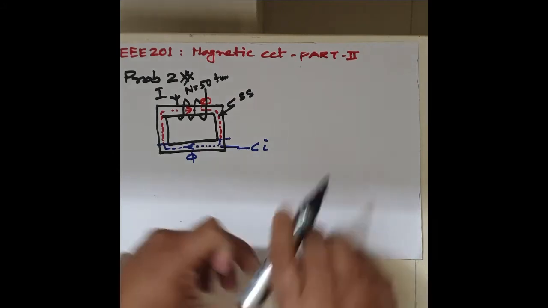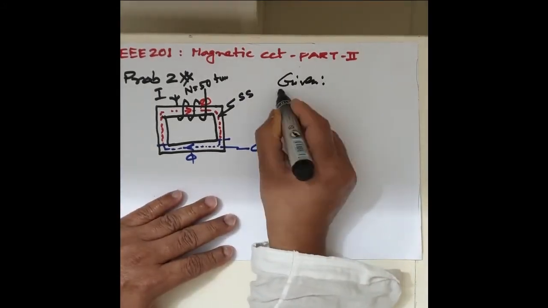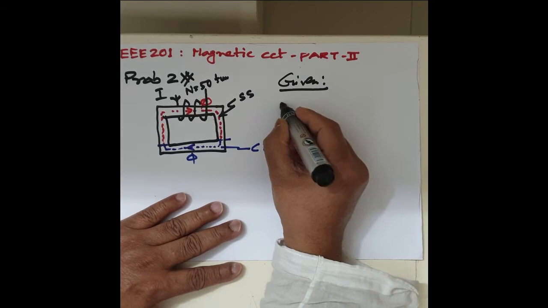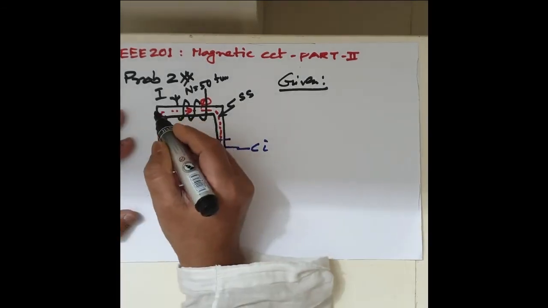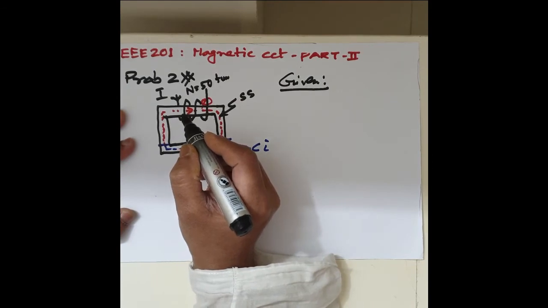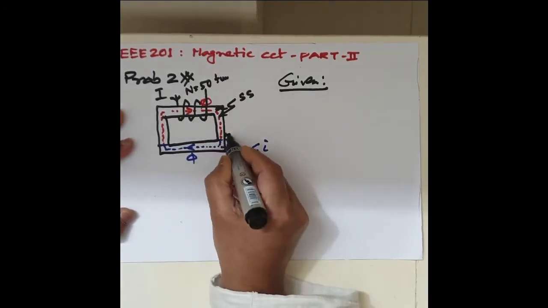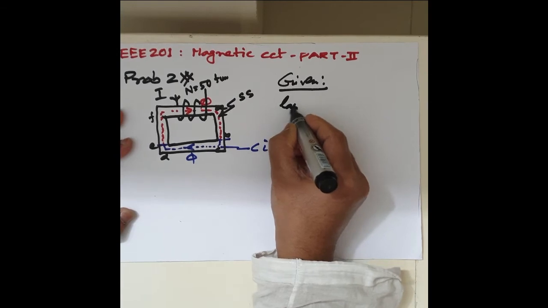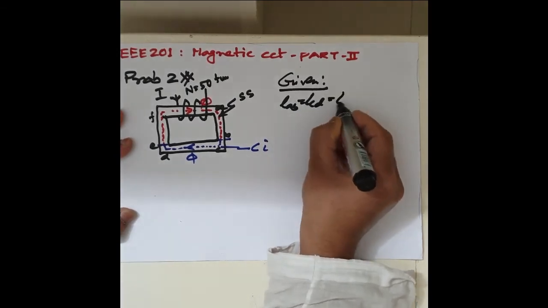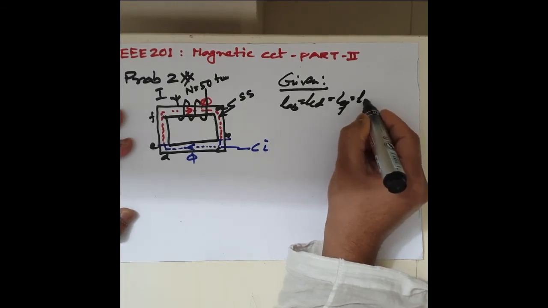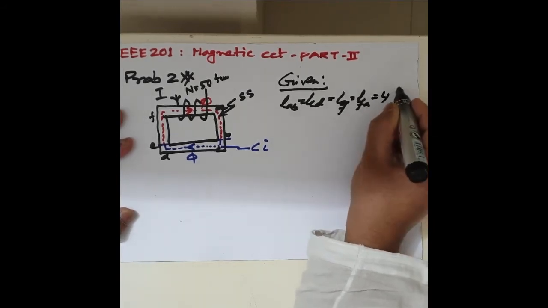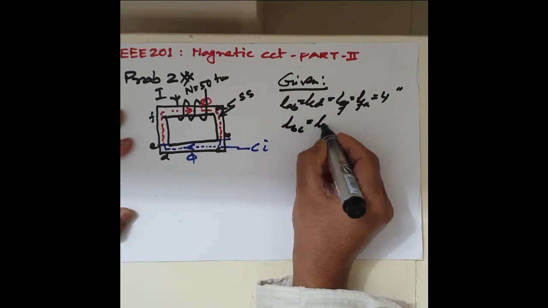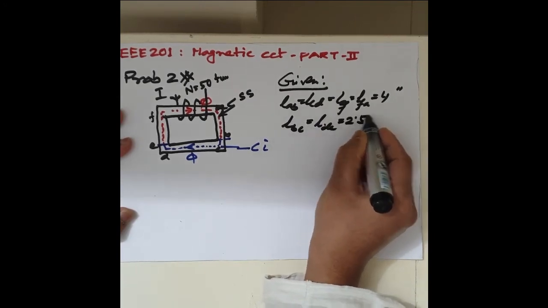Question given here, you can see that LAB, this is your A, B, C, D, E, F. So if you go there, LAB equal to LCD, LEF, LFA equal to 4 inch, and LBC equal to LDE equal to 2.5 inch.